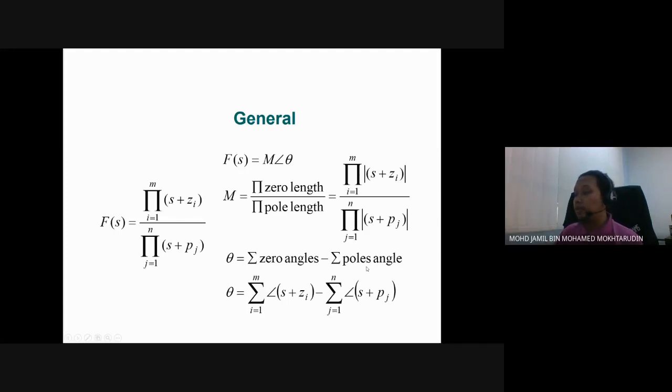Okay, so to determine the magnitude is simply finding the product of the length of zeros divided by the product of the length of poles. And then to find the angle of the transfer function f is simply by finding the sum of the zero angles minus the sum of the pole angles. Okay, so let's look at the example of how we can use this formula.